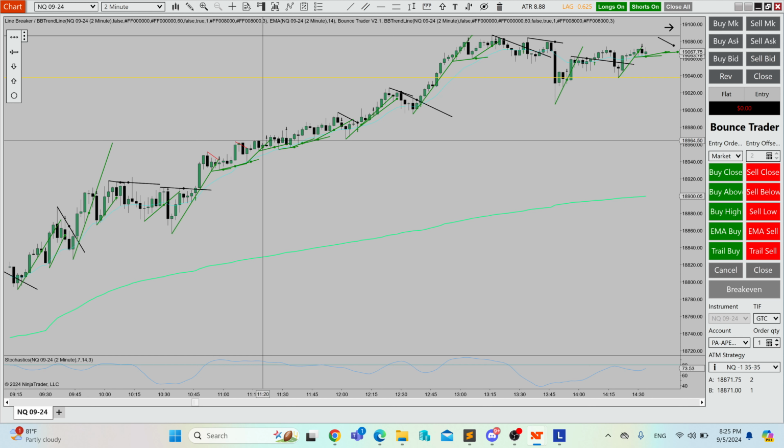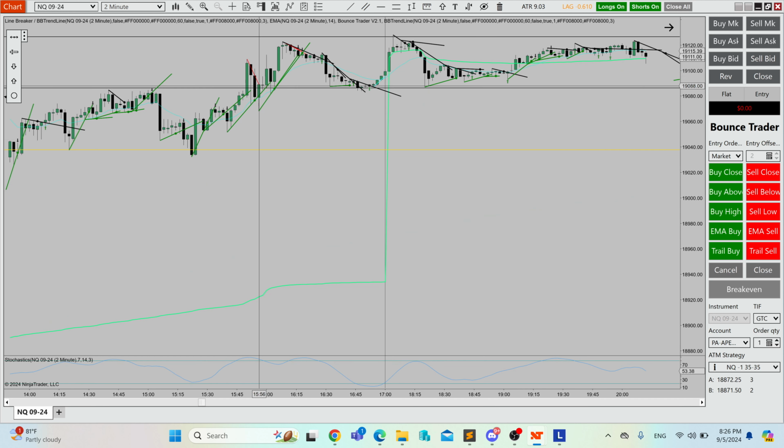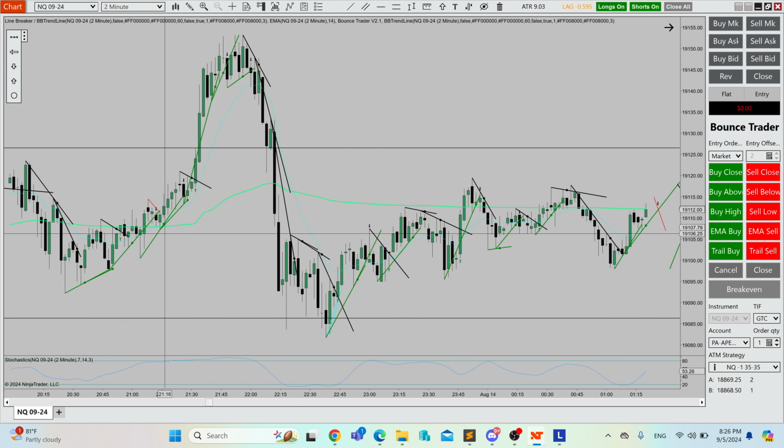This is currently for stochastics above 70 or below 30. There are additional settings for that. Same thing here, we would go long. Here it didn't go long, so there was no entry there. Let's go to the session from 9:30.